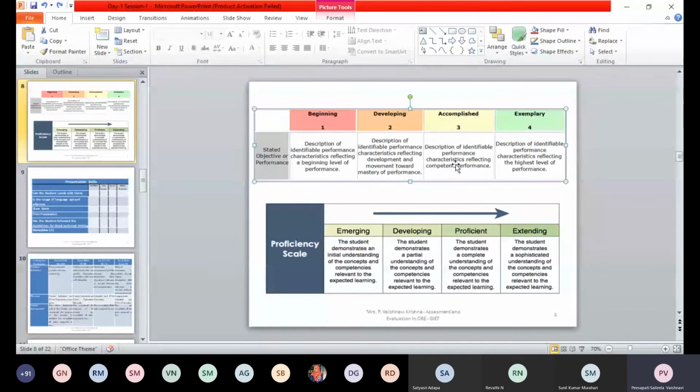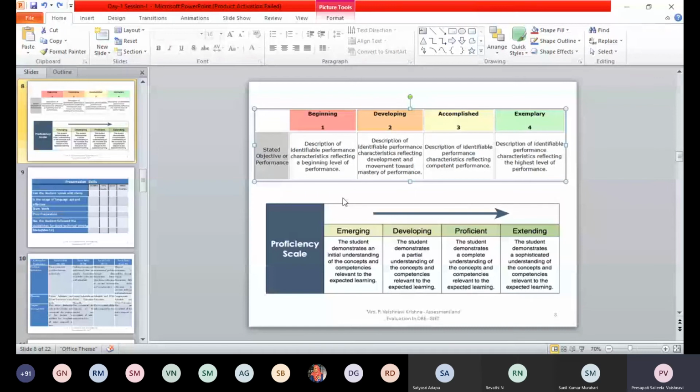And when can you be called exemplary? When the description of identifiable performance characteristics reflects the highest level of performance. So when you have the highest level of performance, you can be called exemplary.